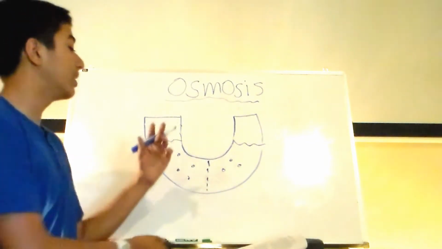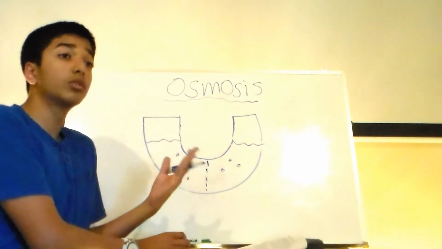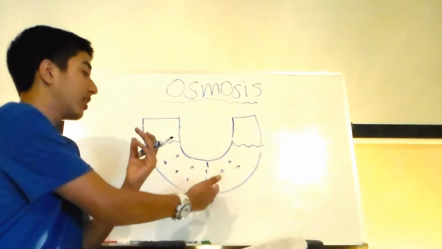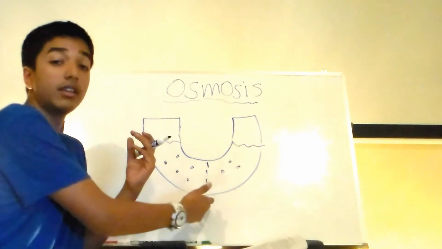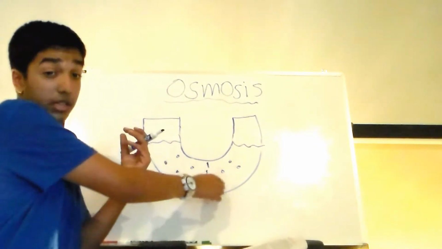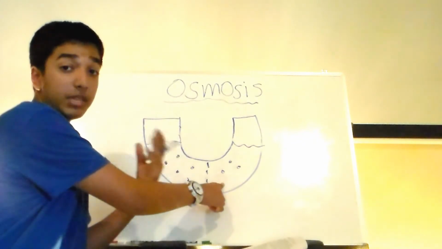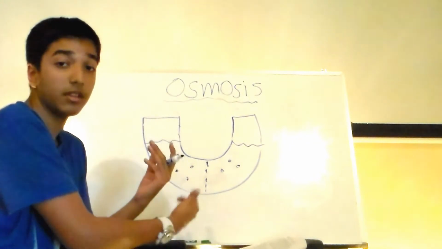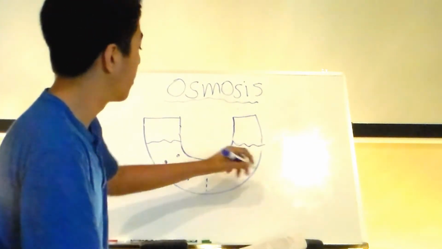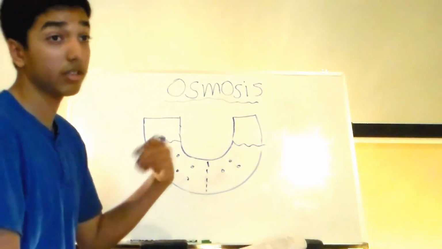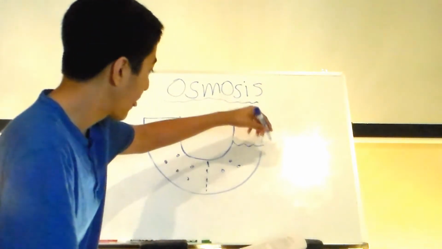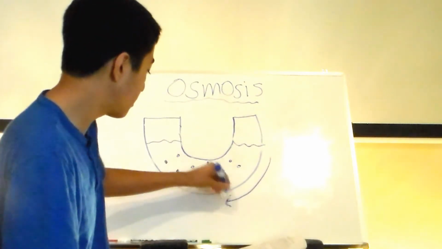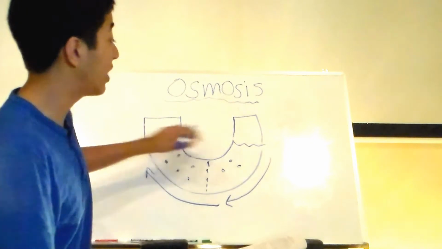What's going to happen is water tends to flow towards concentrations of greater molecules. Talking about relativity, this side would be hypertonic to this one, which is hypotonic, which means it has fewer solute molecules. Hypertonic means it has more solute molecules than the other side. And so water tends to flow towards the more concentrated solution. Since we have more solutes here, water will flow in this direction, and this will change the water levels.